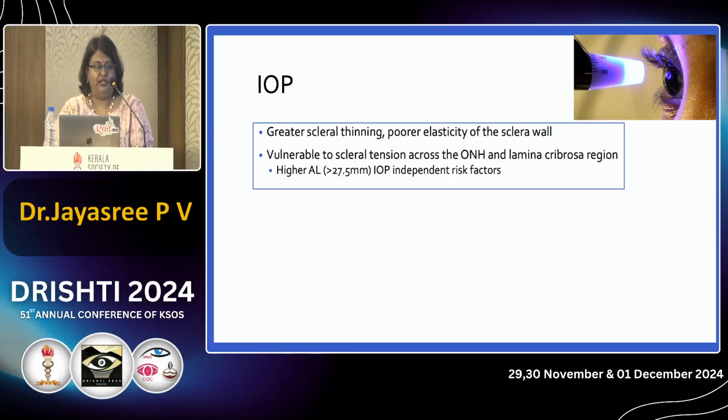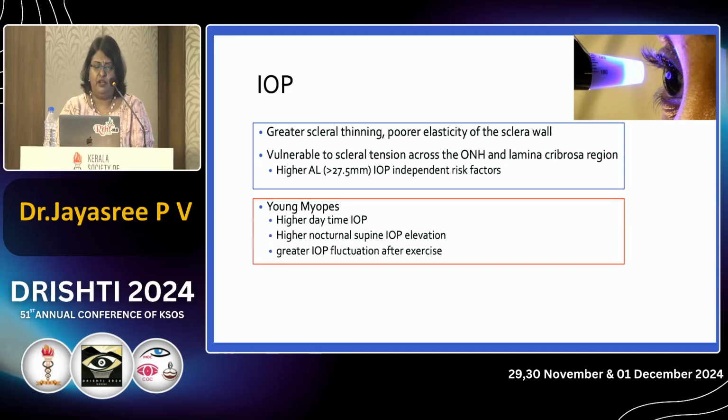These patients are vulnerable because of the scleral tension across the optic nerve head and lamina cribrosa. Lower axial lengths are more prone to IOP related problems. When the axial length increases, the IOP independent risk factors also give more challenge. Younger myopes are known to have higher daytime IOP, higher nocturnal supine IOP elevation, and greater IOP fluctuation after exercise.